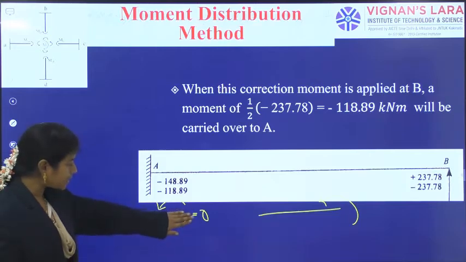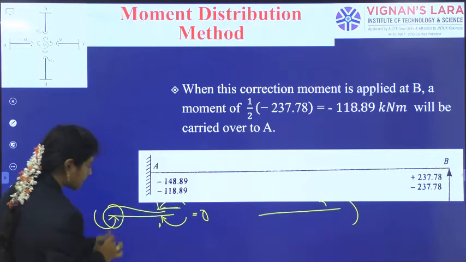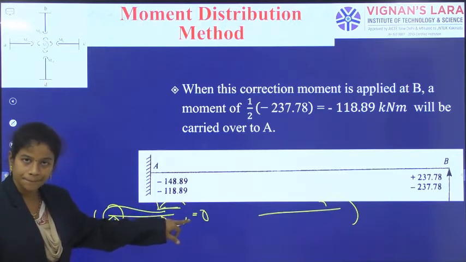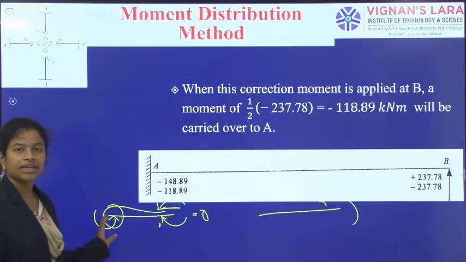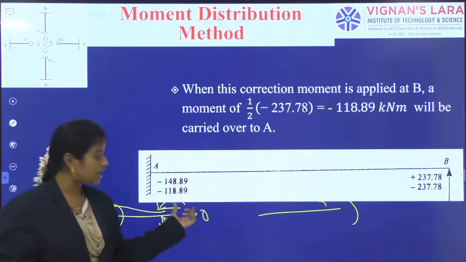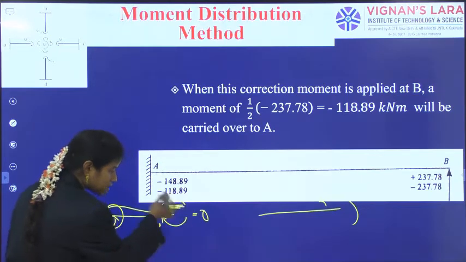As I am giving this answer, there is something happening at A. Due to the application of this support moment or addition of some moment at B, A is having some carry over moment. That carry over moment value is equal to half of the applied moment with the same sign.